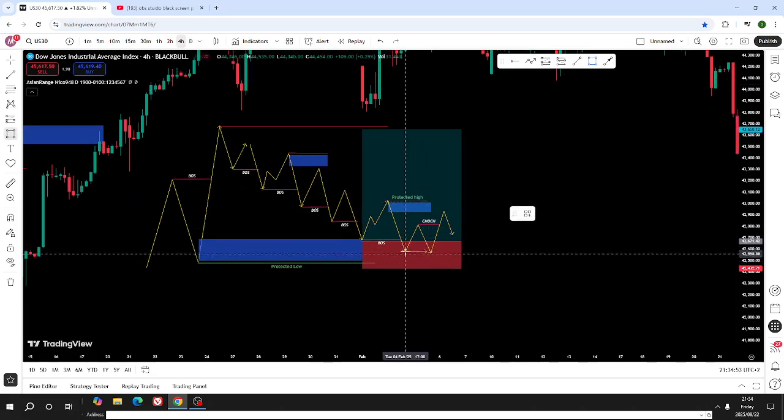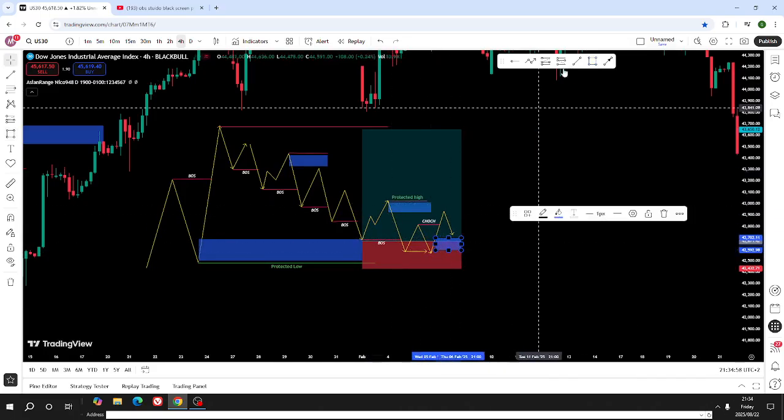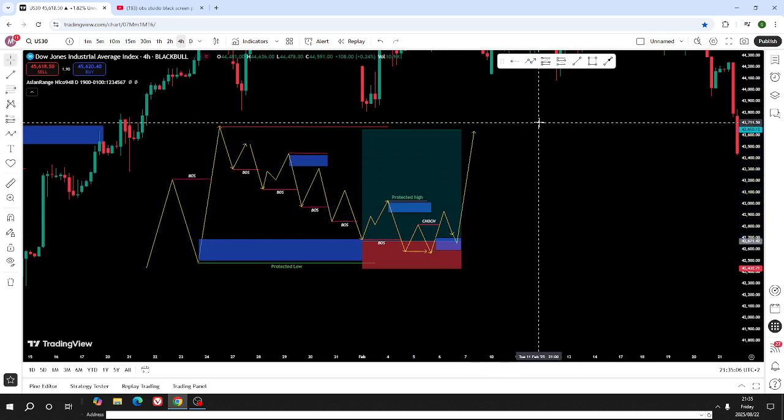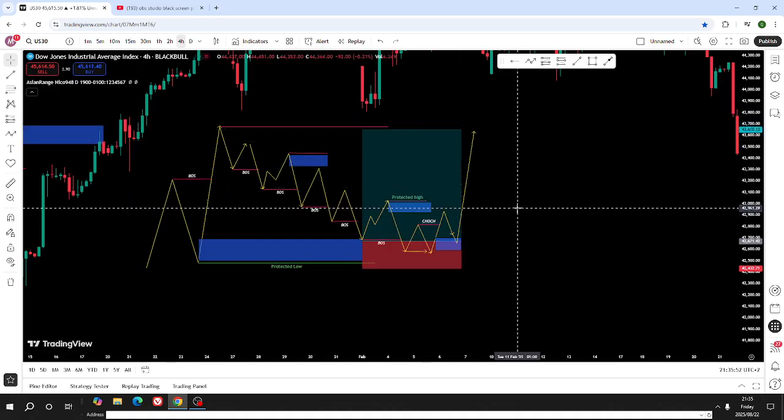But because we had a sweep of this low that was created by that high, we're expecting market to come here and push towards there. So do you understand, guys?